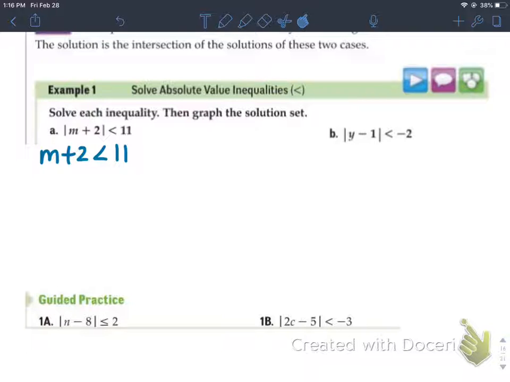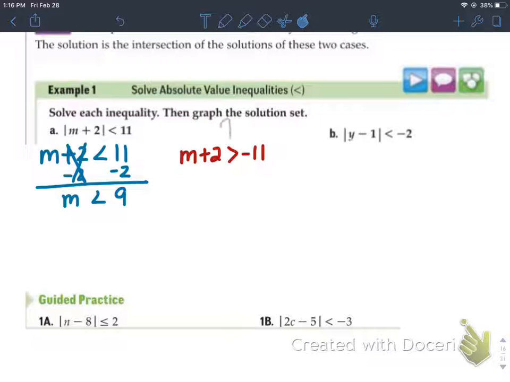And then I'm going to solve it first just as our regular answer would. So subtract 2 from both sides, and I'm going to get m is less than 9. Remember, with absolute value bars, we need to solve the problem twice. So I need to set it up again as m plus 2 is then equal to negative 11. Because I'm making this a negative 11, I have to flip the sign.